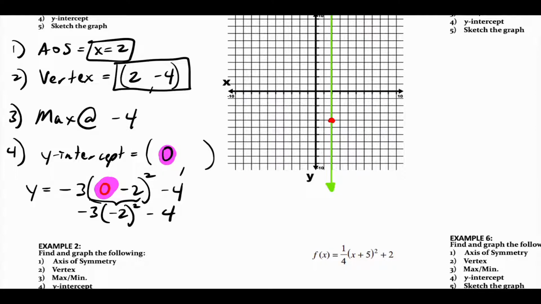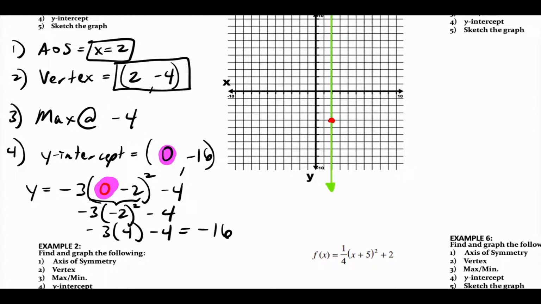Exponents. Exponents means I got to square first. -2 times itself. What's -2 times -2? +4, yep. So multiply. When I multiply here, I get -12 minus 4, -16.